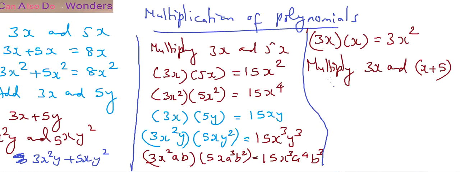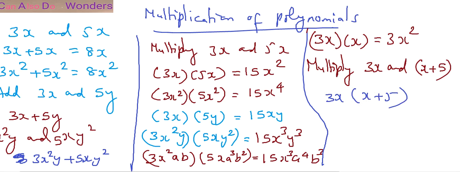Again same way, write like this: 3x into x plus 5. Because it is a single term, we don't require a bracket here, but nothing wrong if you use a bracket. Whether we use a bracket or not doesn't matter, because it has only one term.